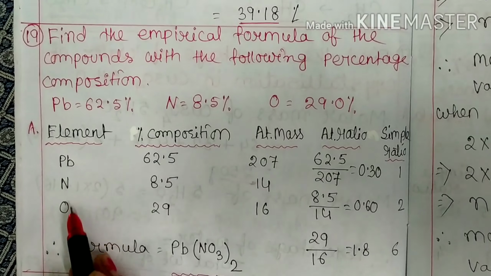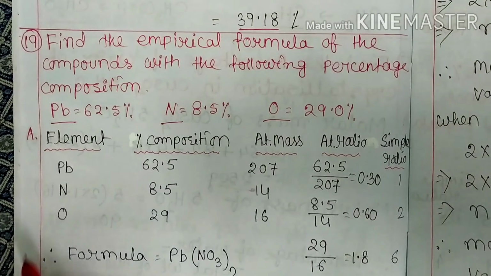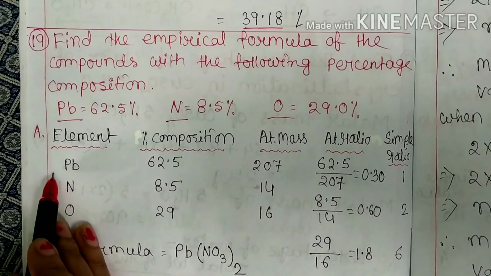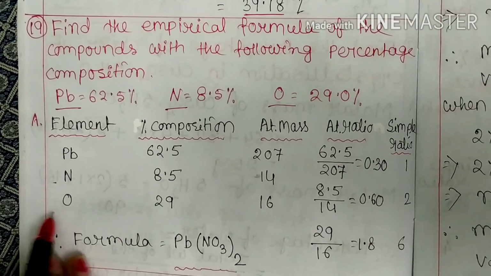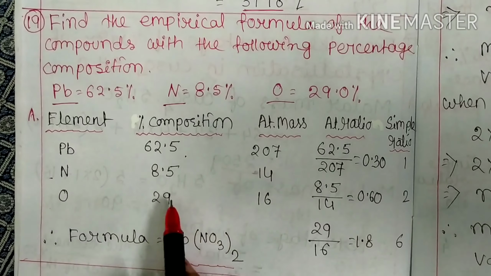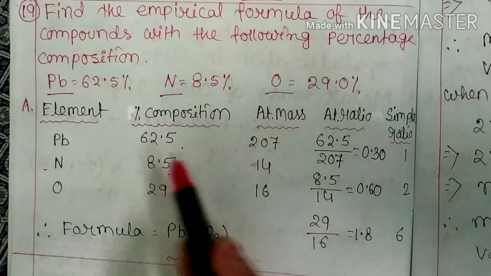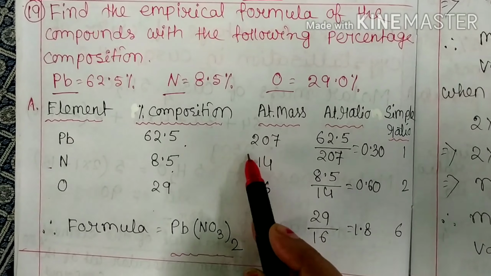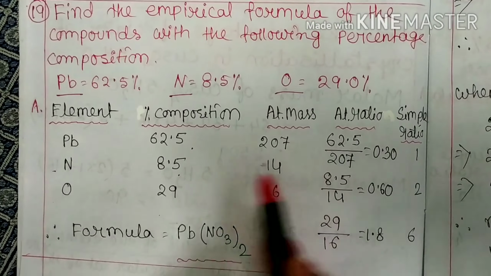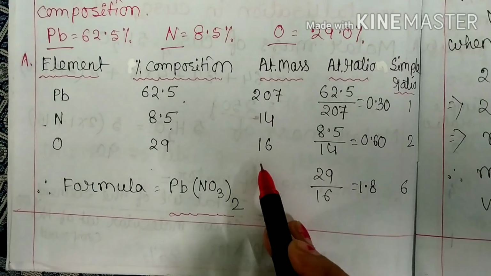First here the elements are Pb, lead, nitrogen and oxygen. I have written here Pb, nitrogen and oxygen, and the percentage composition 62.5, 8.5 and 29. So atomic mass of lead equals to 207 and atomic mass of nitrogen 14 and atomic mass of oxygen 16.